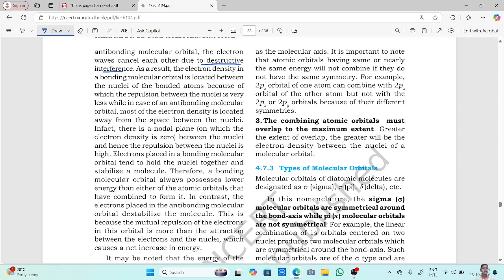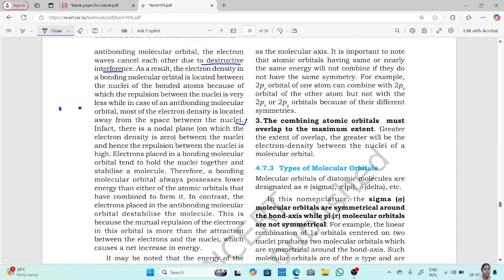As a result, the electron density in the bonding molecular orbital is located between the nuclei of the bonded atoms, because of which the repulsion between the nuclei is very less, while in the antibonding molecular orbital, most of the electron density is located away from the space between the nuclei. Now, why does this constructive and destructive interference take place? The electron density of the bonding molecular orbital is located between the two nuclei, one of the hydrogen and the second hydrogen.